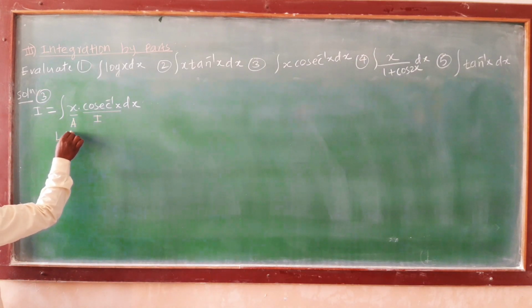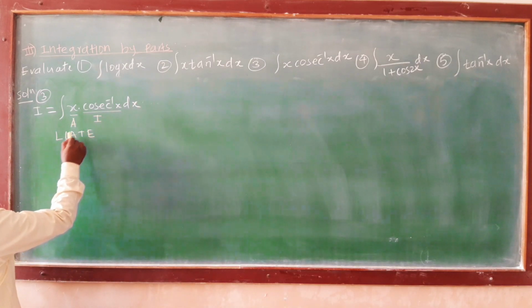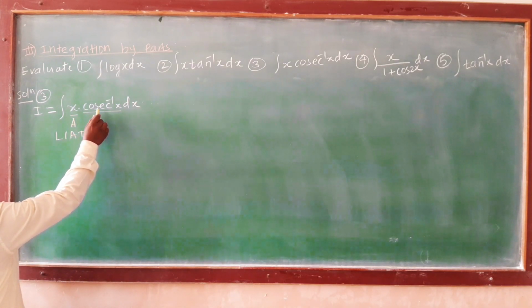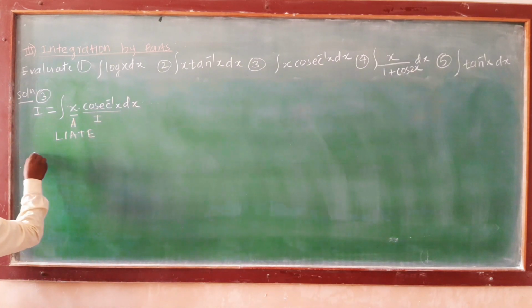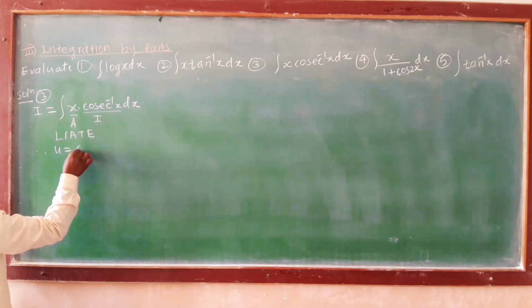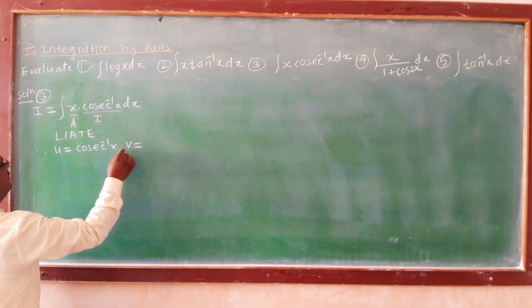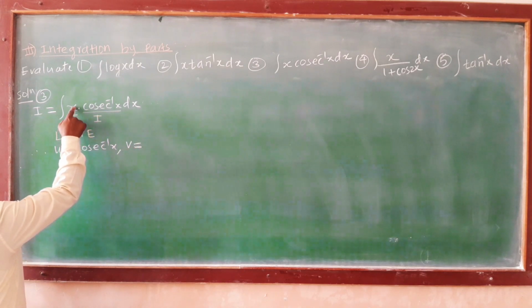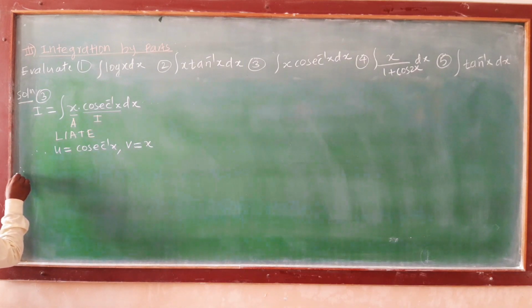So by the order LIATE, I is first. So call this cosec inverse x the first function, that is, call it u. So therefore u is equal to cosec inverse x and v, the second function which is algebraic, therefore v is equal to x.